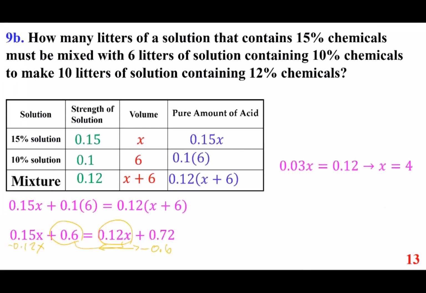And I get 0.03x on the left, 0.12 on the right. And x becomes 4. By the way, we can move the decimal at the bottom by 3, the same thing for the top, and 12 over 3 is 4 liters of 15% solution.